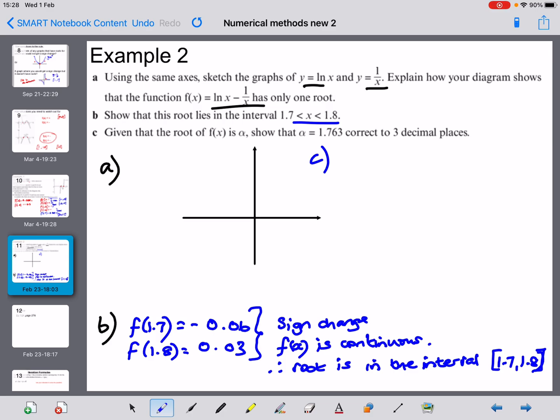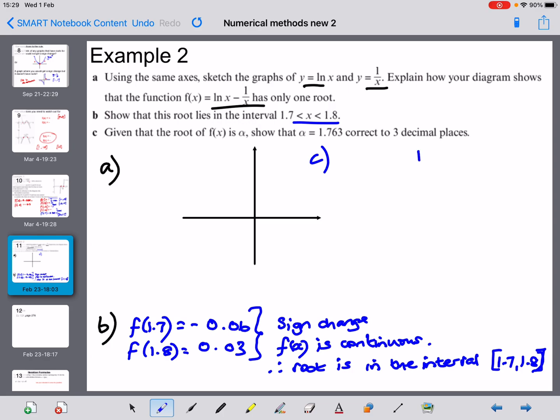Well, it's the same process as what we've just been doing with a sign change. So we need to think about what 2 numbers can we substitute in for our interval that would show that the root must be 1.763 correct to 3 decimal places.